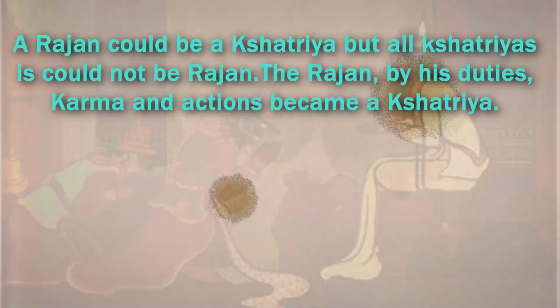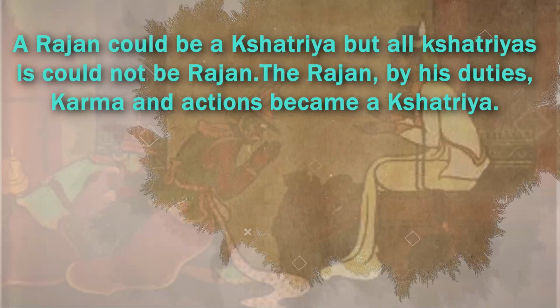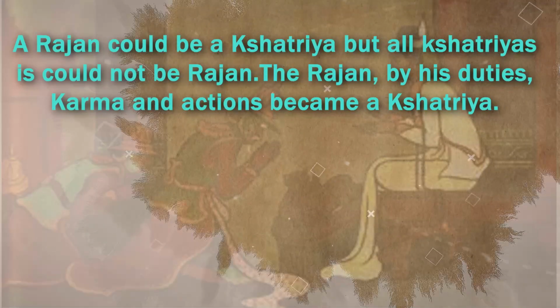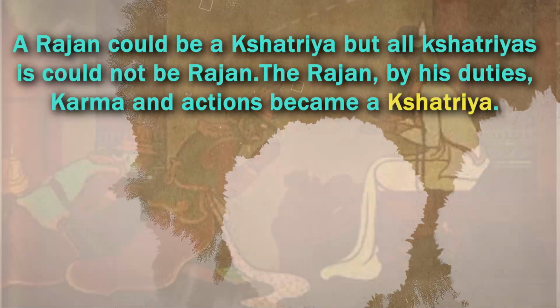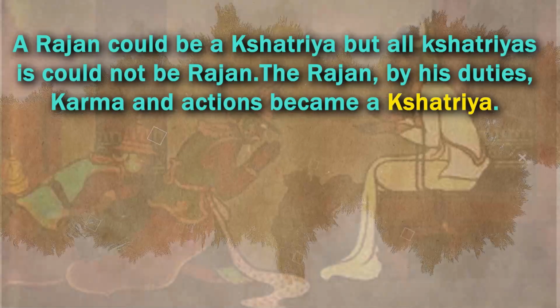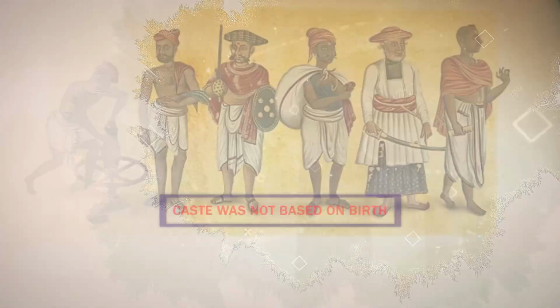A Rajan could be a Kshatriya, but all Kshatriyas could not be Rajan. The Rajan, by his duties and his karma and his actions, became a Kshatriya. So, we have touched upon a very important subject, that caste was not based on birth. Anybody who was a brave person, a courageous person, a leader, and a winner of wars, who could bring victories in wars, became a Rajan, and by that correlation became a Kshatriya.